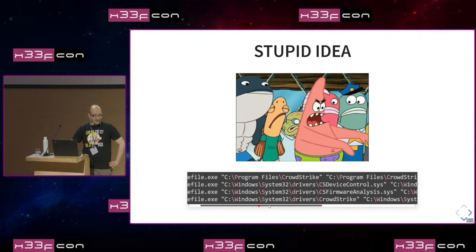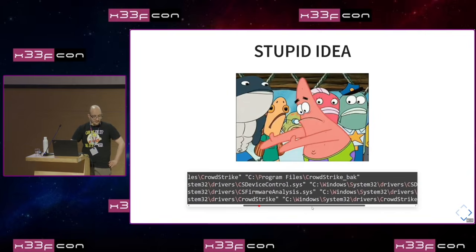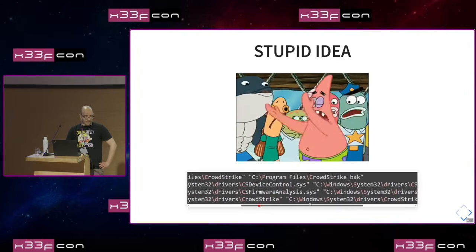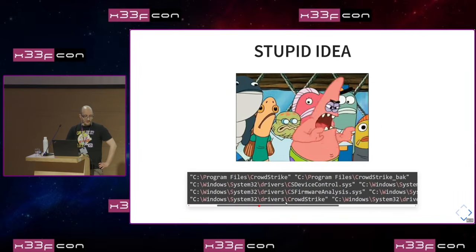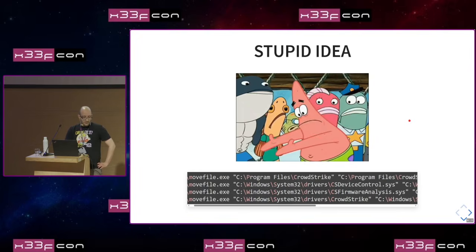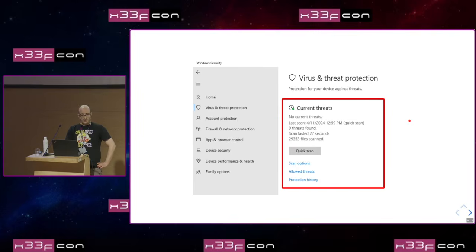So for example, we just say movefile, please move Program Files CrowdStrike to C:\Program Files\CrowdStrike_back. And while we're at it, also do the same for the kernel drivers and the kernel driver directory. And then you just reboot.